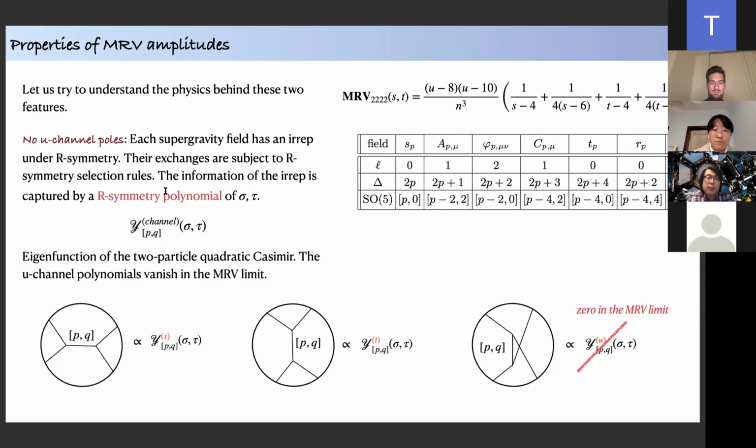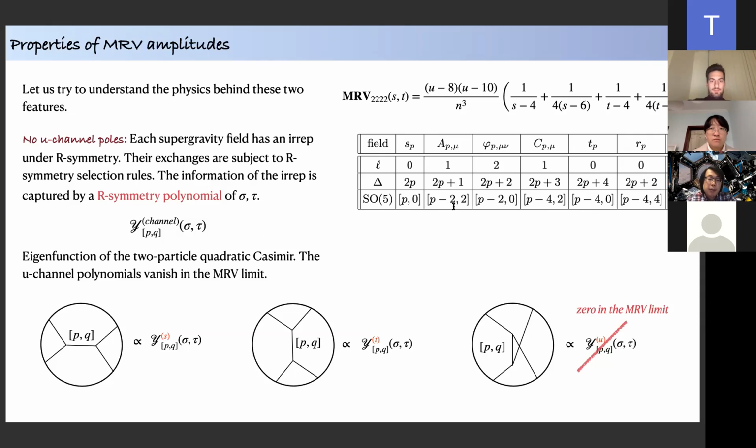They are captured by R-symmetry polynomials, which are denoted as Y here. These R-symmetry polynomials are the eigenfunctions of the two-particle quadratic Casimir of the R-symmetry group. Think of those as the analog of the conformal block.